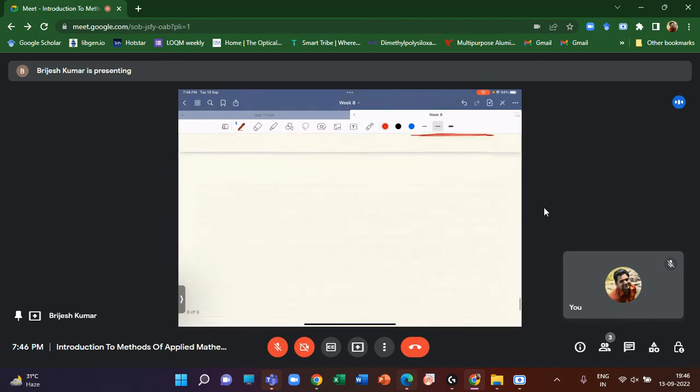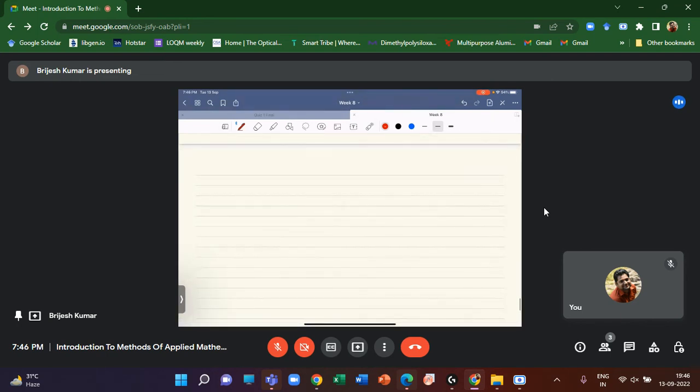Similarly, if we consider more terms, like 3 or 4 terms, where this is t and this is f of t, then it comes approximately to the function, approximately to the line.